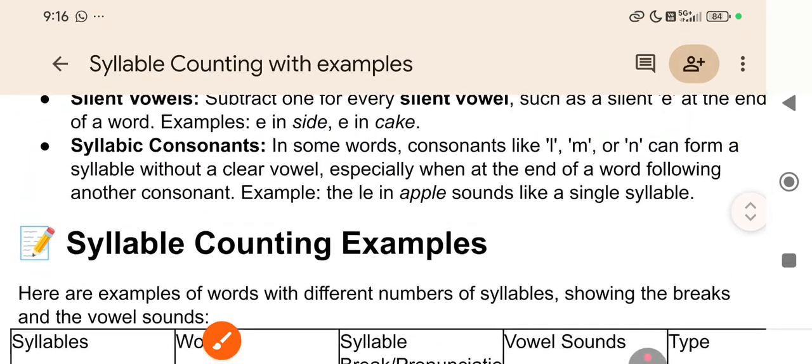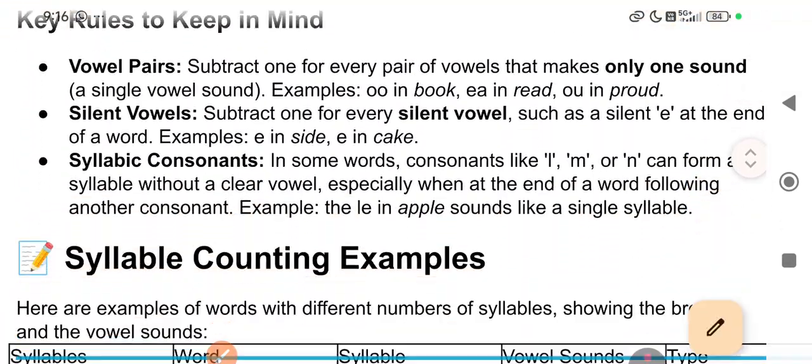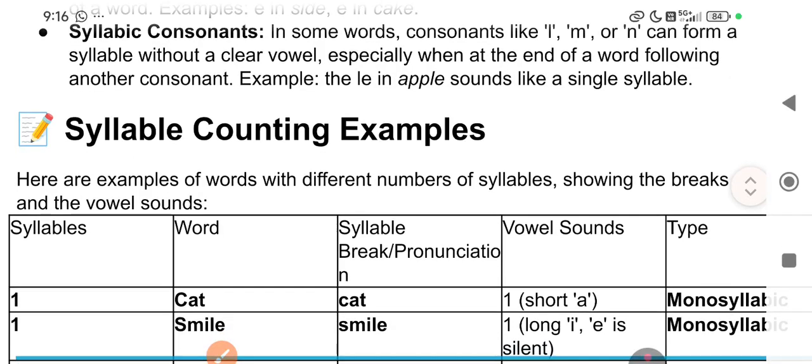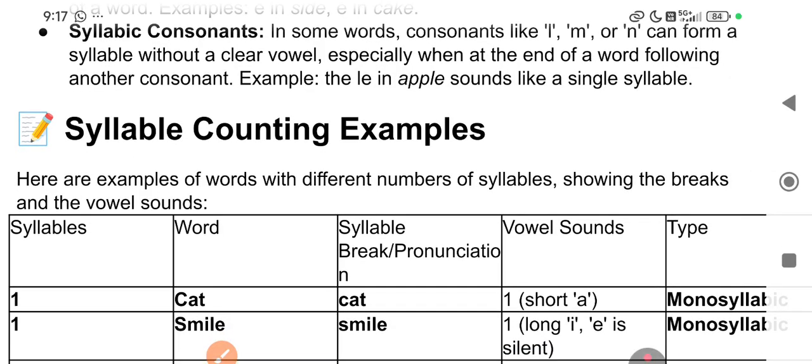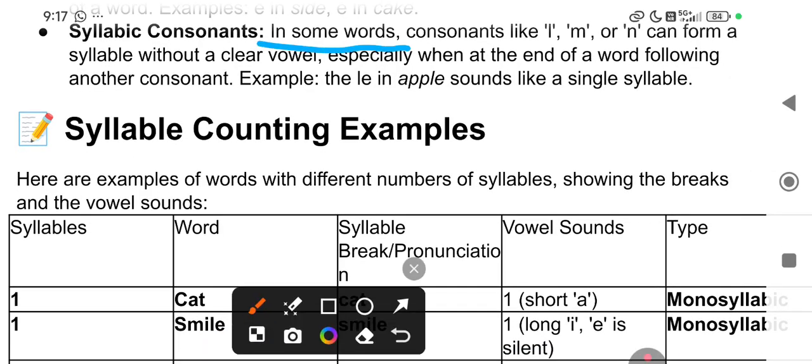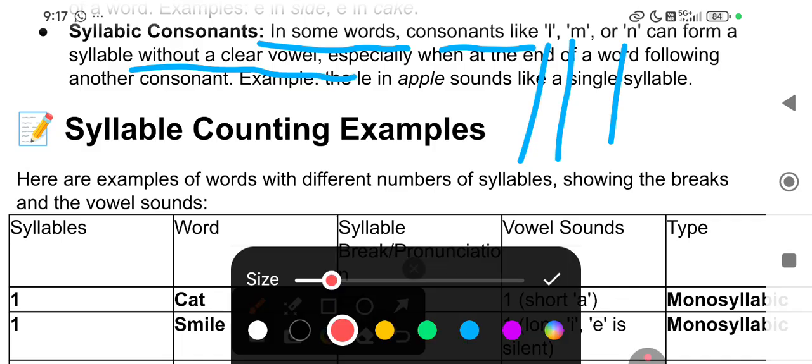Now the last rule is the syllabic consonant. Very important point: in some words, consonants like L, M, N can form a syllable without a clear vowel. I'm repeating, very important point.